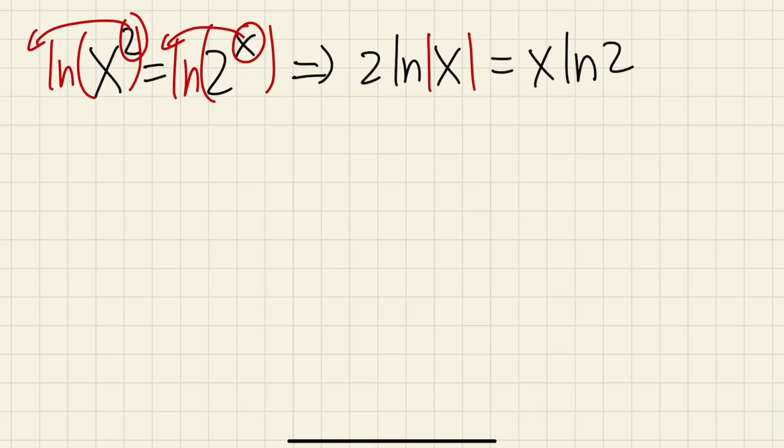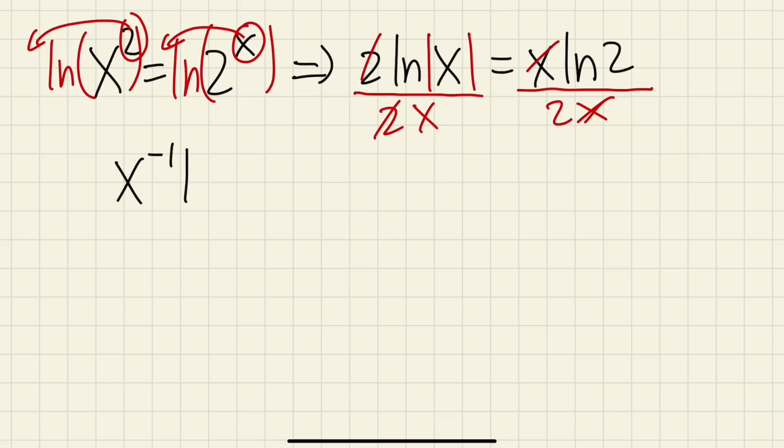And then I would like to just put all the variables on one side and all the numbers on the other. So let's divide both sides by 2 and divide both sides by x. So on the left hand side, we have 1 over x, which I will write as x to the negative 1. And then on the right hand side, we have 1/2 ln 2.